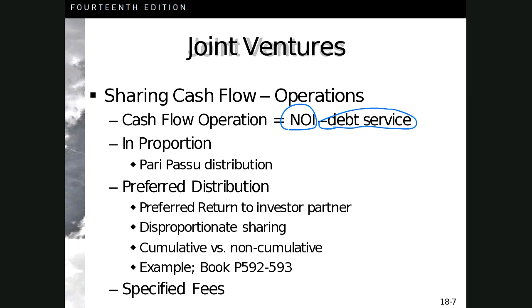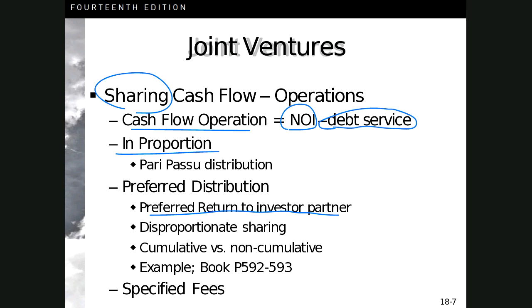So if you are going to share the cash flow in proportion to your contribution, then that's what we call the pari passu distribution. And you can be somehow preferred to some part, maybe have a preferred return to the investor partner.